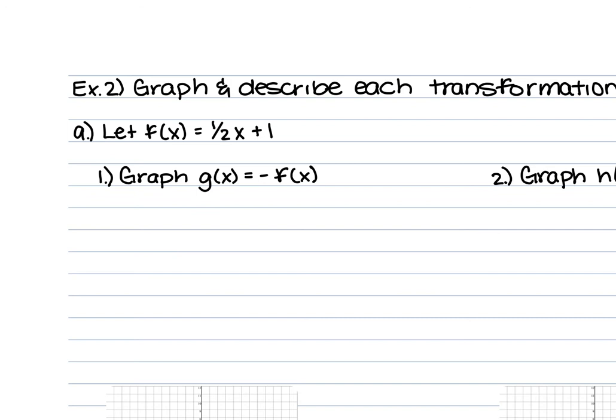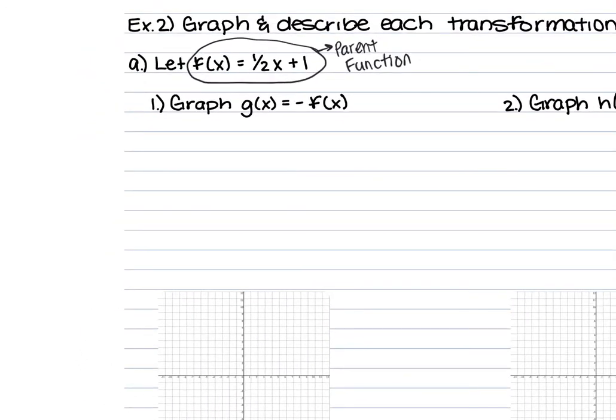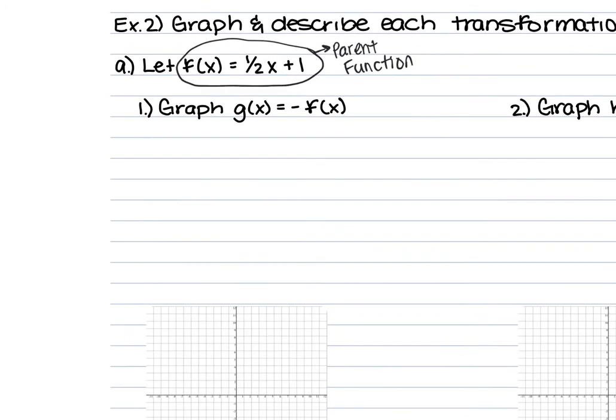So, let's take our parent function, and let's graph it. Our parent function is 1/2 x plus 1. How would I graph that? Joseph? You would put your y-intercept at 1.